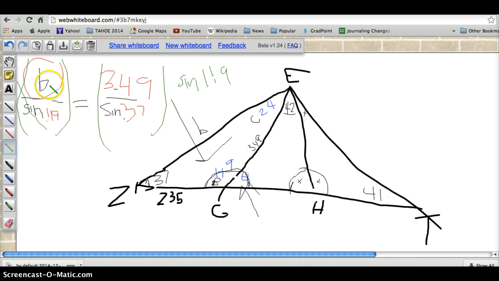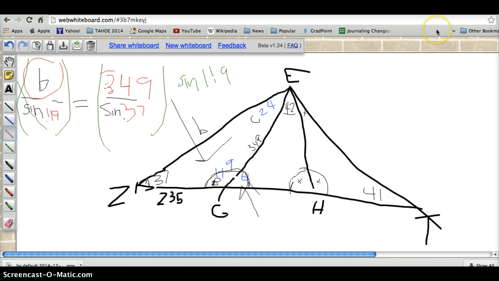And I'm left with B is equal to 349 over the sine of 37 times sine of 119 will give you B.